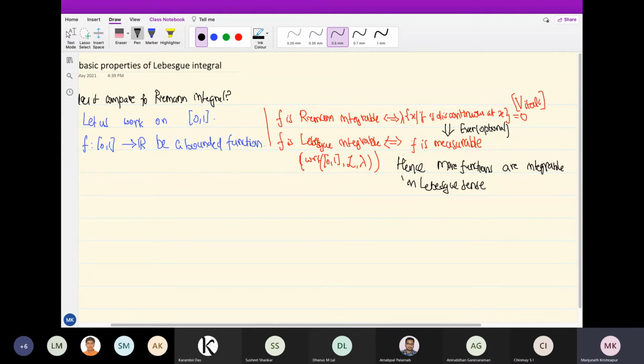But you can see that the integrals are the same. On Riemann integrable functions, they agree. Okay, so this I will leave to you.